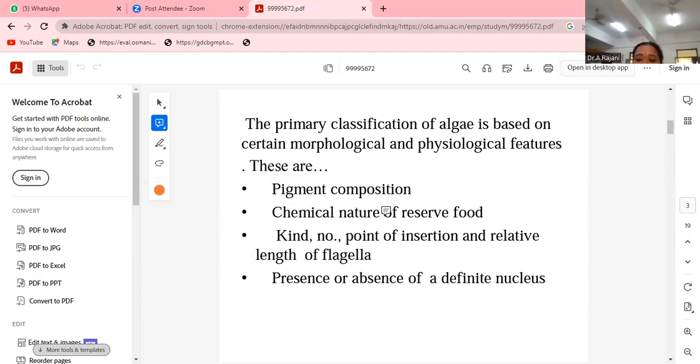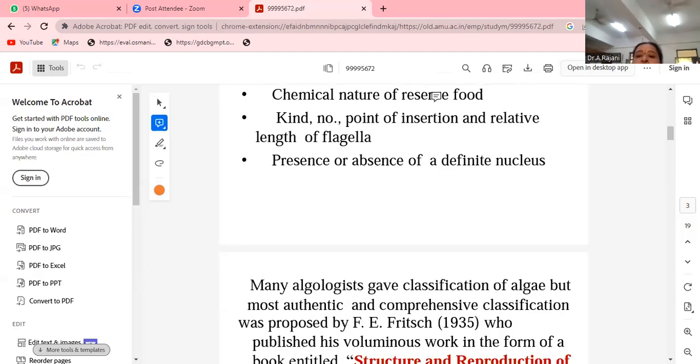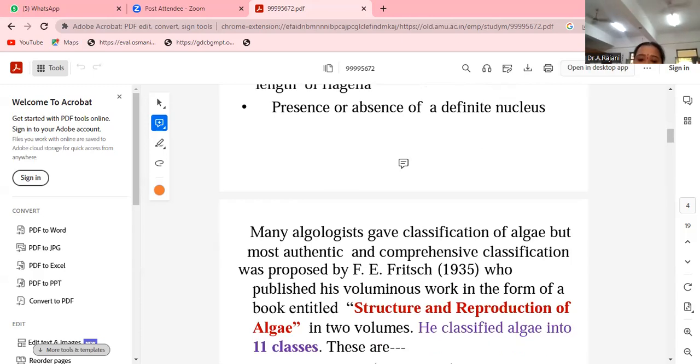This is the second basic thing. And the number, point of insertion, length, and style of flagella, the different types of flagella. This is another point. And another one is the nucleus, the presence or absence of a nucleus. These are the basic things Fritsch used to classify the algae.